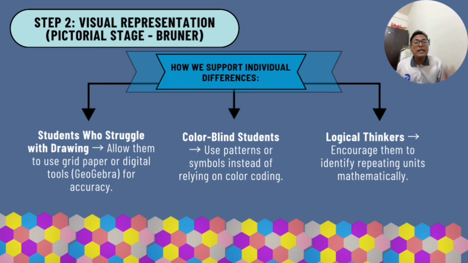The second one is color blind students. We can use a pattern or a symbol instead of relying on color coding, so the symbol or pattern can replace the color coding for them. And the third one is logical thinkers. Encourage them to identify the repeating units mathematically.